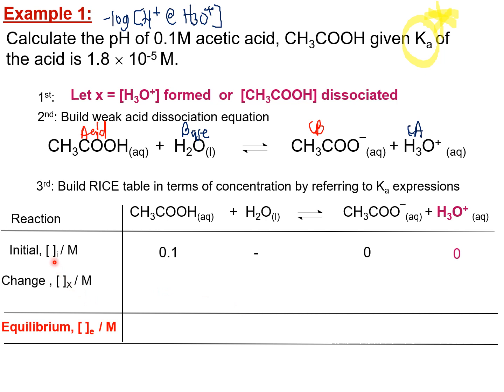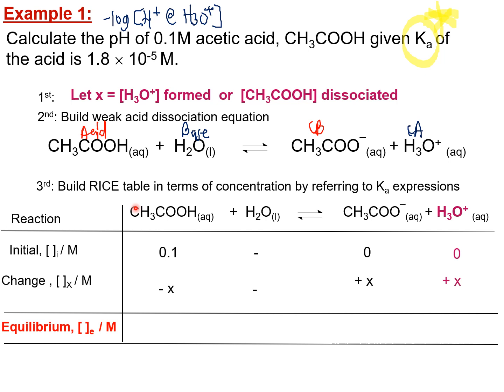Okay, initially, the concentration of the acetic acid ialah 0.1 molar. You tak perlu letak M kat belakang because dia letak M kat sini. And then, kalau produk, memang kita always assume initial concentration of product ialah 0. How about the change?